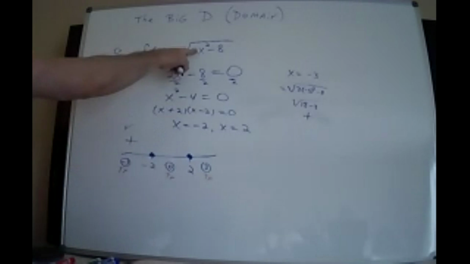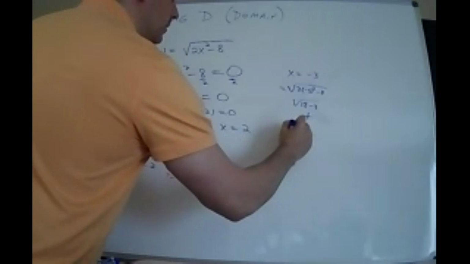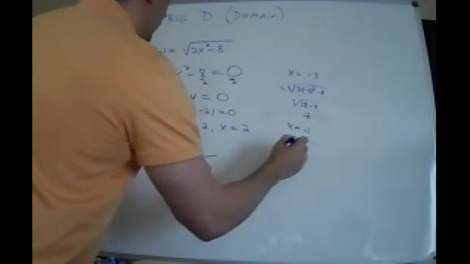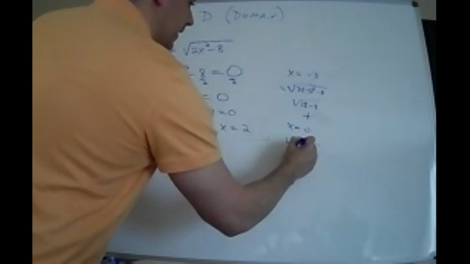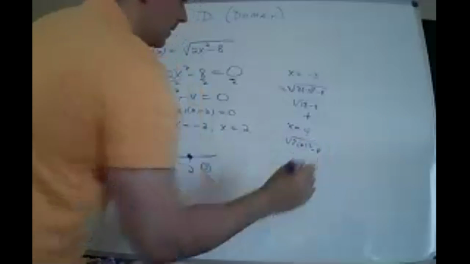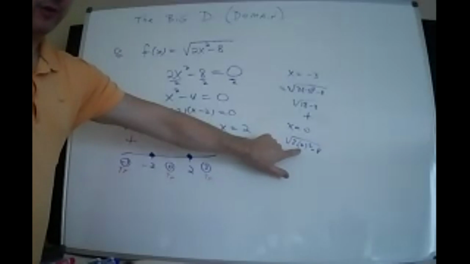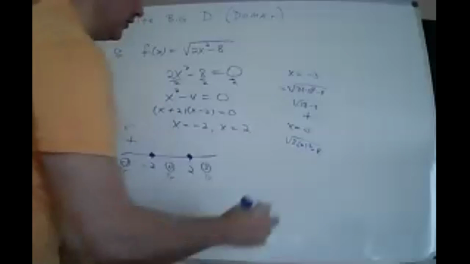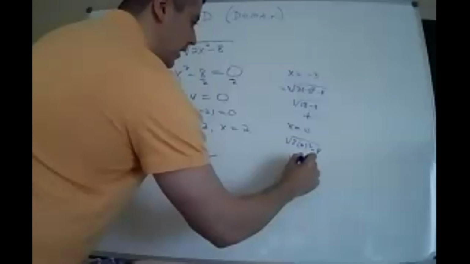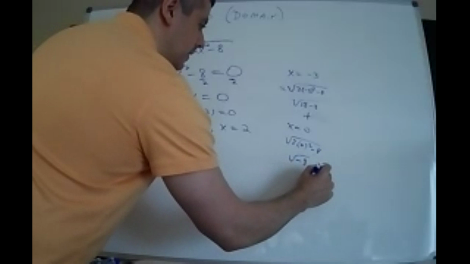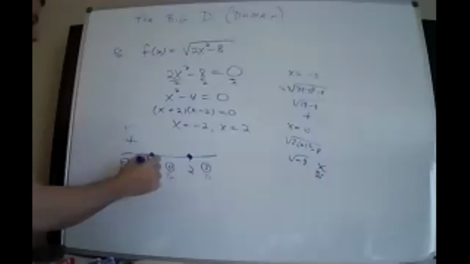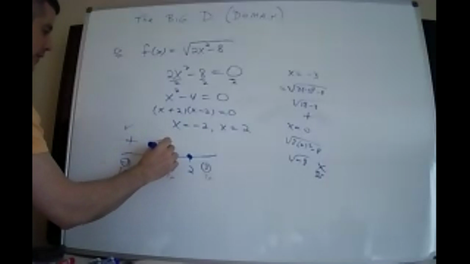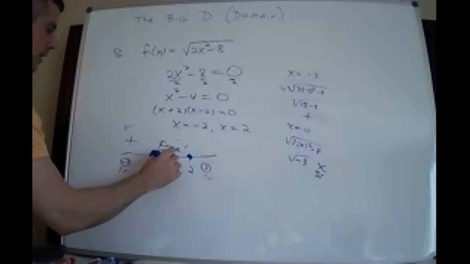Now I'm going to try 0. I hope you can see 0 is not going to work kind of quickly. Put 0 in there. 0 squared is 0. Times 2 is 0. And then 0 take away 8. No, it didn't work. Freak.